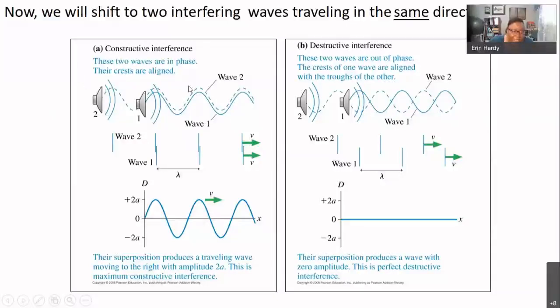And then for the case on the left, if you have a different spacing, an integer multiple of the wavelength of the signal that these two loudspeakers are producing, then you can catch wave 1 at a maximum at the same time wave 2 is at a maximum, and you end up with a net displacement that is equal to twice the amplitude of either of the individual waves.